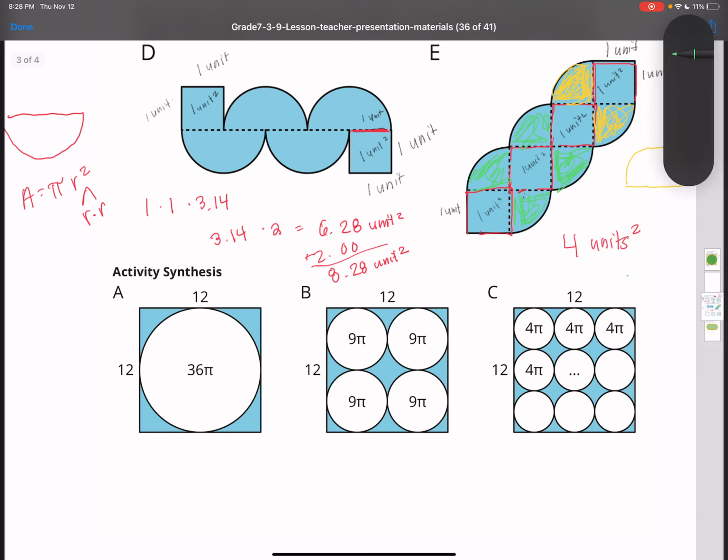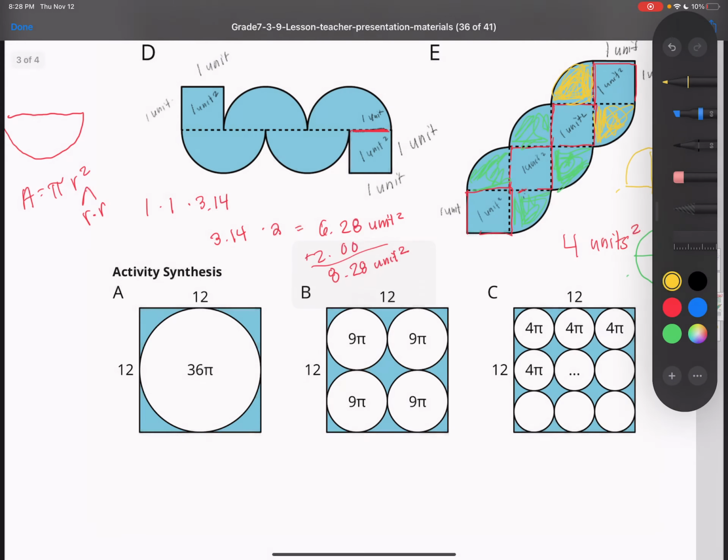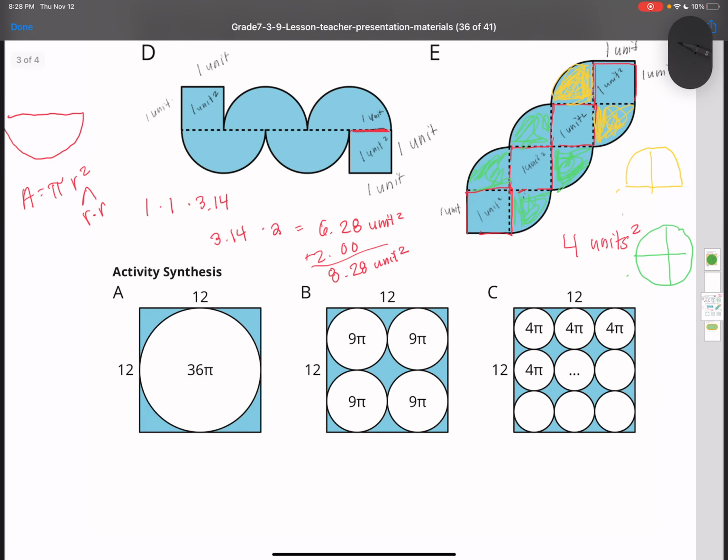And just know that I got my 4 pieces from here and I got my 2 pieces from the other side that's yellow. Okay? So one side is 1 unit. Okay? So this is a radius.